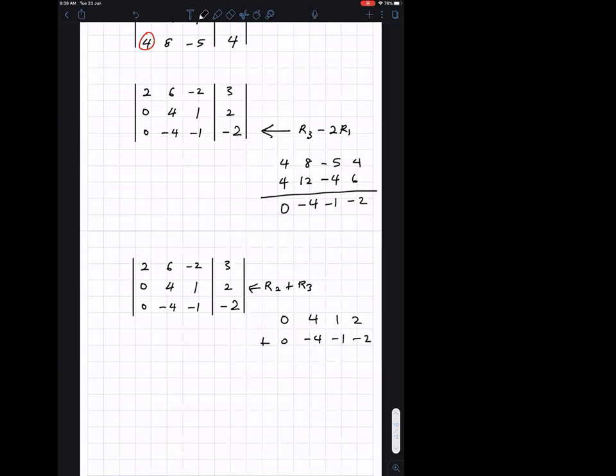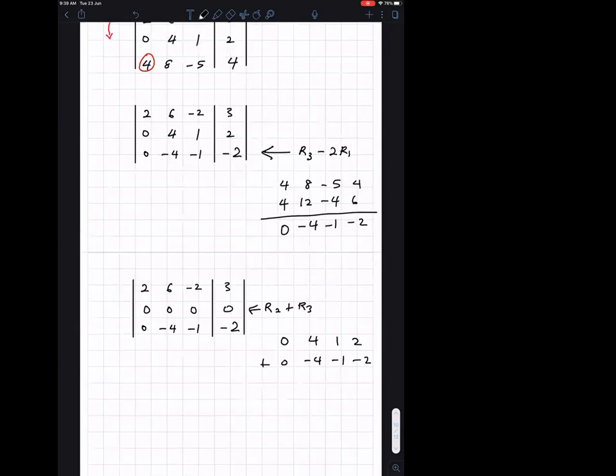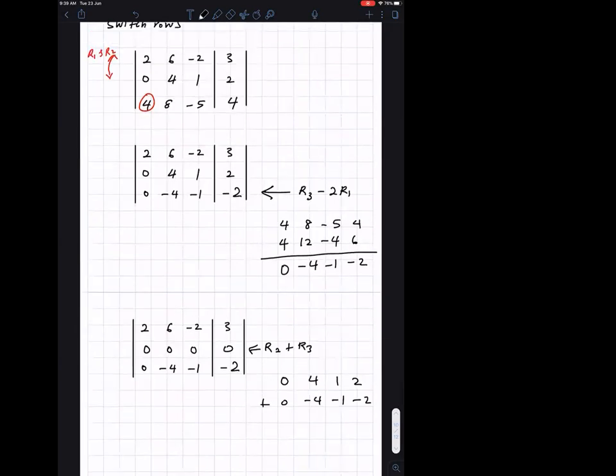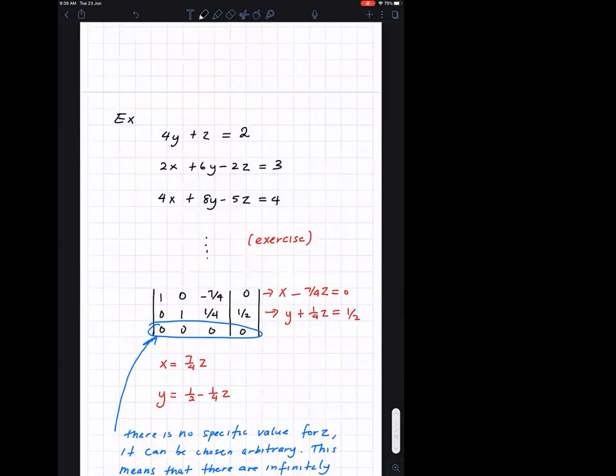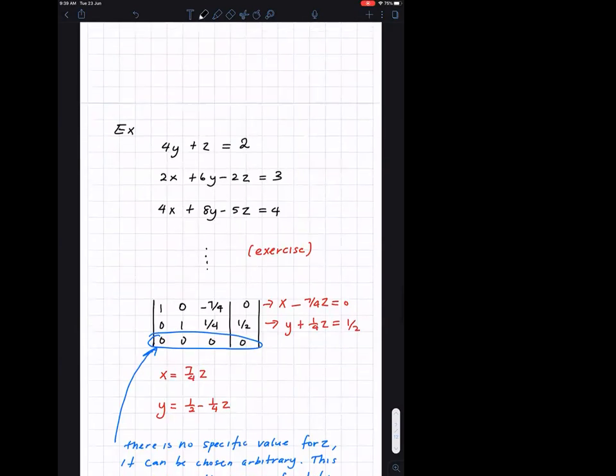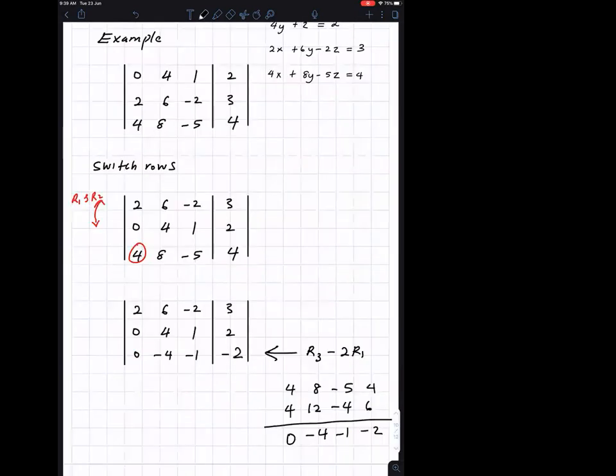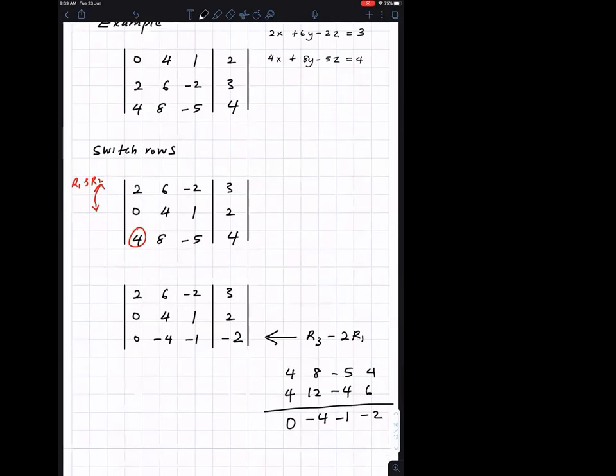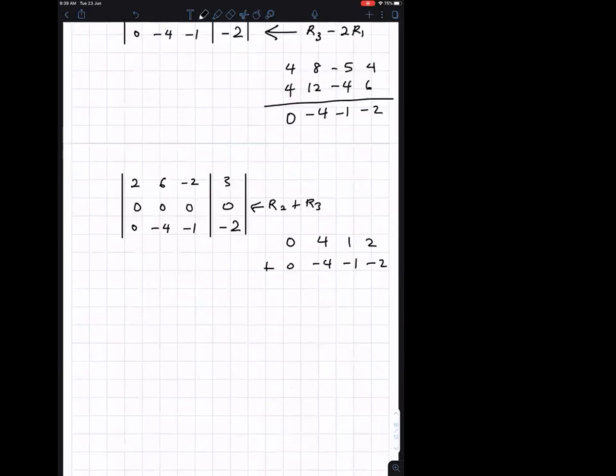In this case, all of row 2 will go to 0. I'm doing it slightly differently because the other time all of row 3 went to 0. But it doesn't matter because you can always switch rows, and it means the same thing.